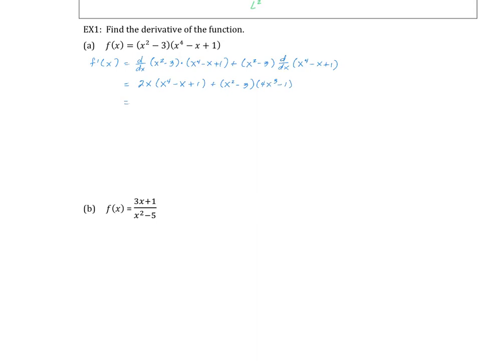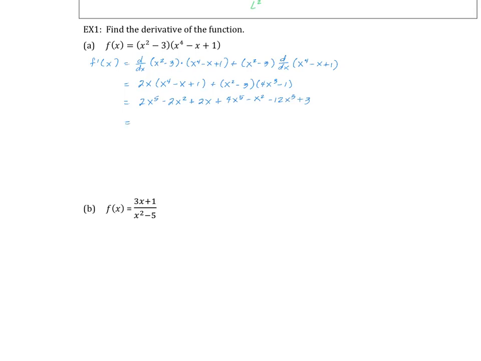Now at this point I would have to multiply all this out and combine like terms to get 2x to the fifth minus 2x squared plus 2x plus 4x to the fifth minus x squared minus 12x to the third plus 3.